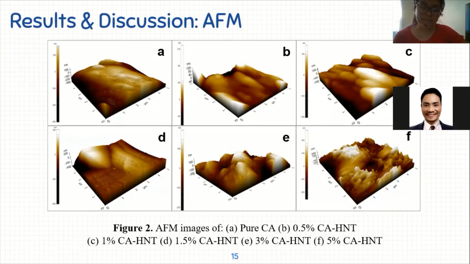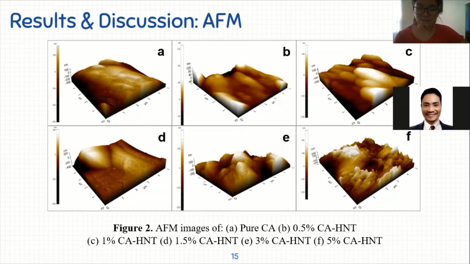If you look closely at the peaks, you can actually see that there are tinier peaks and valleys within that big peak. What this means is at the nano level, because these images are 5 by 5 microns, so this is at the micron level, there could be so much more peaks and valleys that we can see for a pure CA membrane.